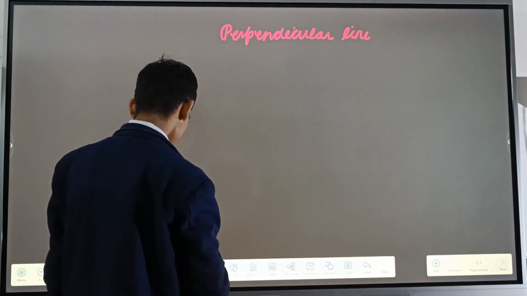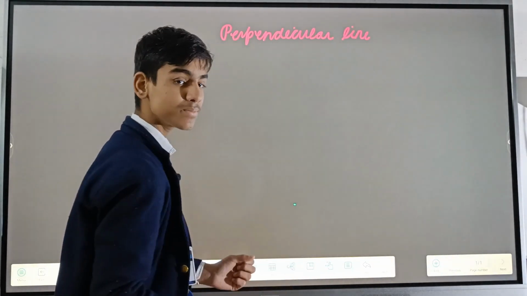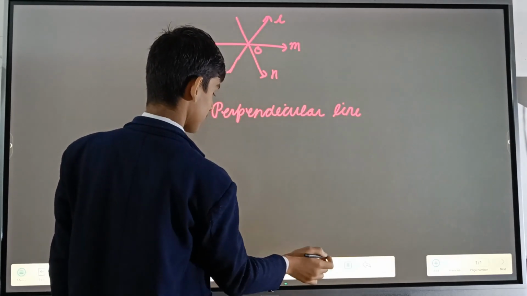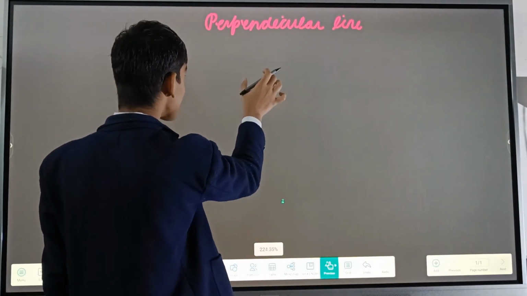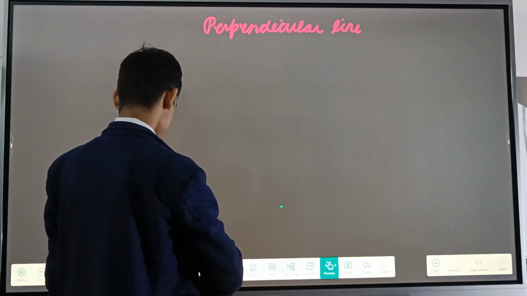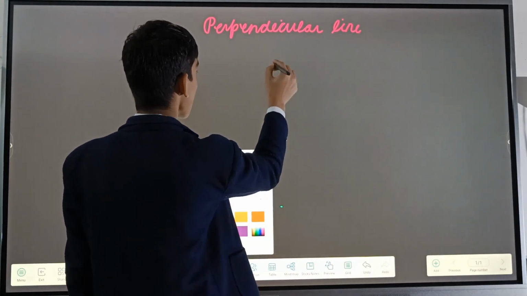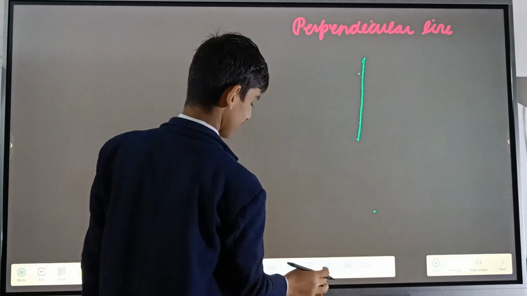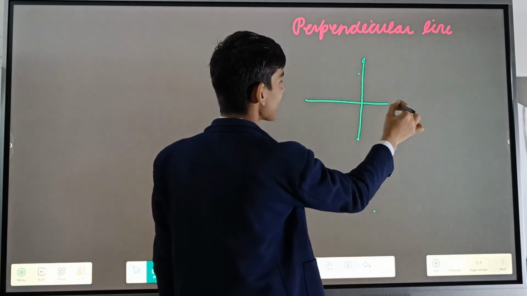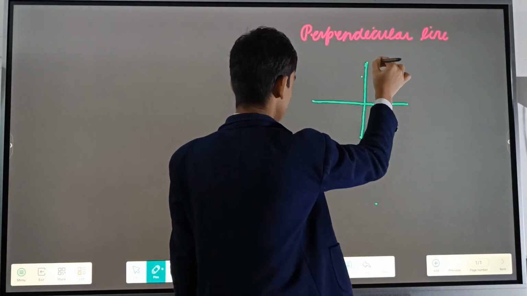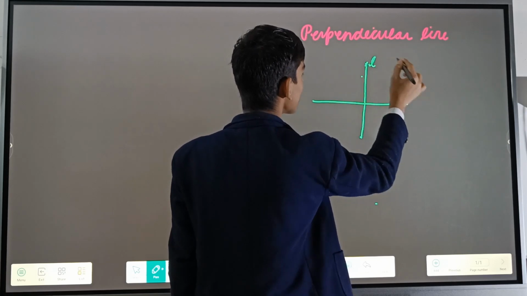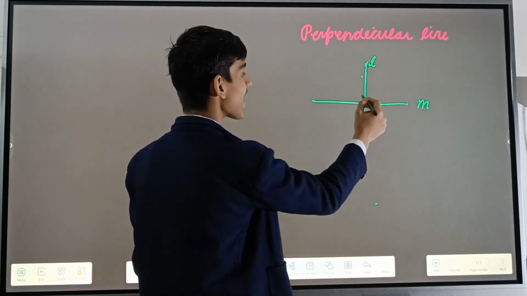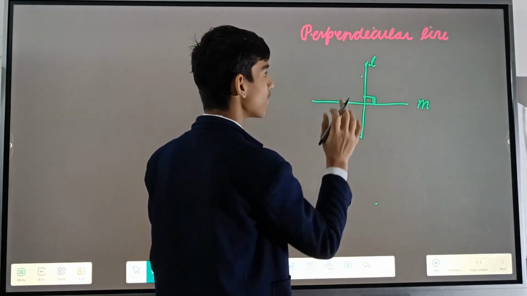Suppose we draw two lines like that. It is line L and it is line M. They are known as perpendicular lines because they make a 90-degree angle, so it is called perpendicular line.